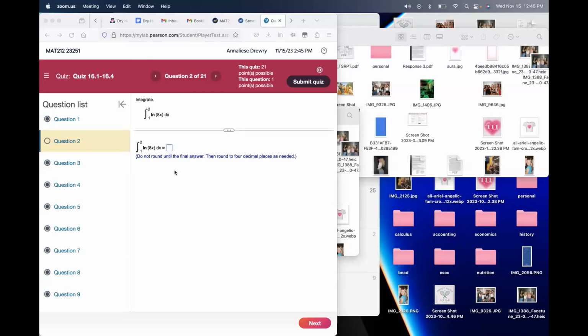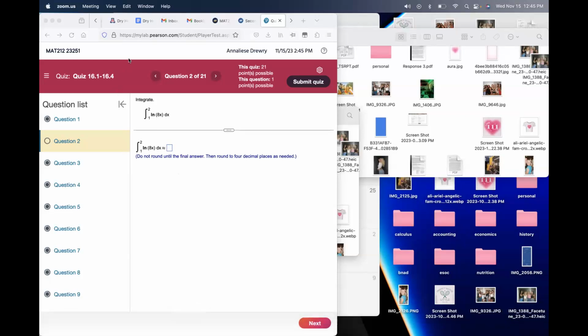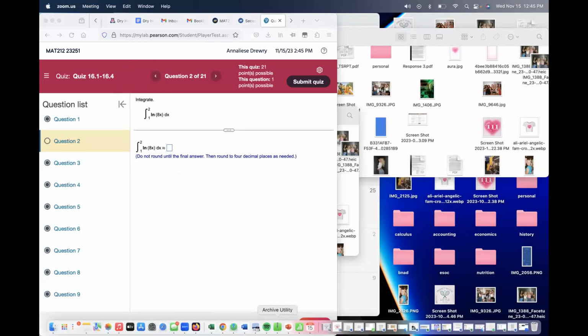Okay, give me another fnInt problem. You're going to put that function in, from 1 to 2. I can't see your screen. All right, here we go.